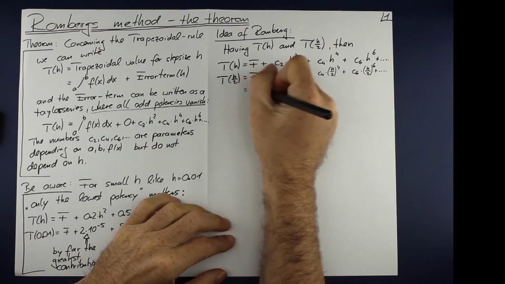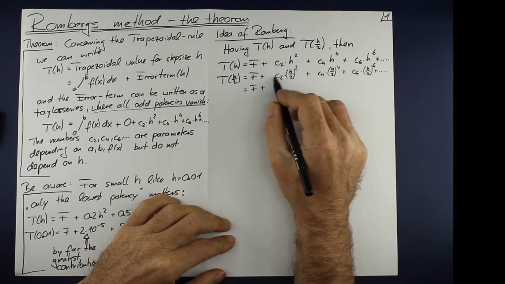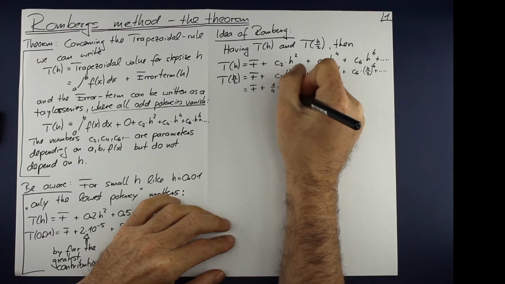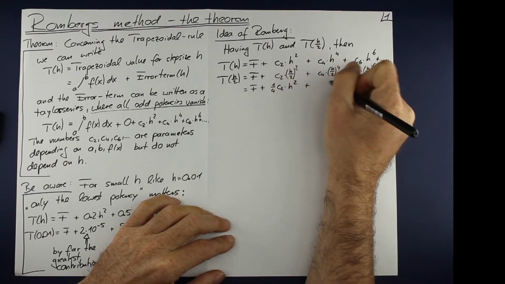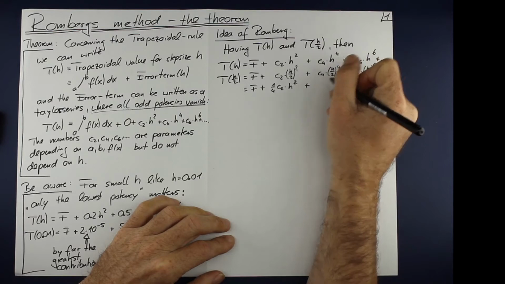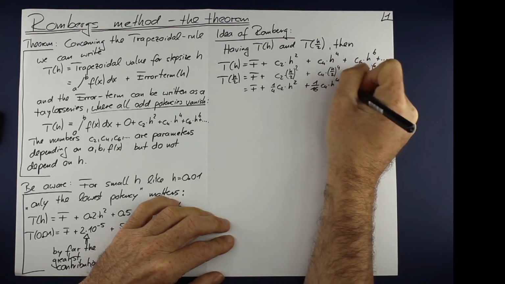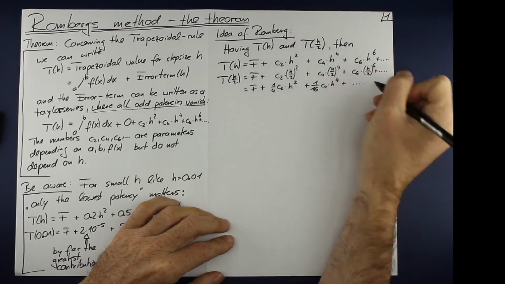And now we can write that as h squared divided by 4. So a quarter c2 plus here it's 16, 2 to the power of 4 is 16. So 1 divided by 16 c4 h to the 4 plus and so on.